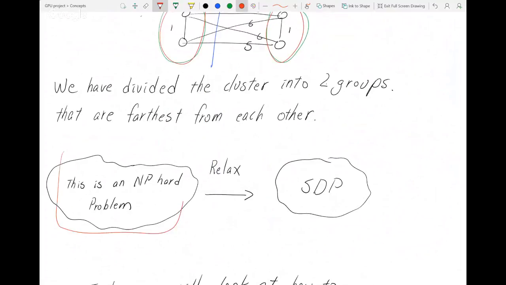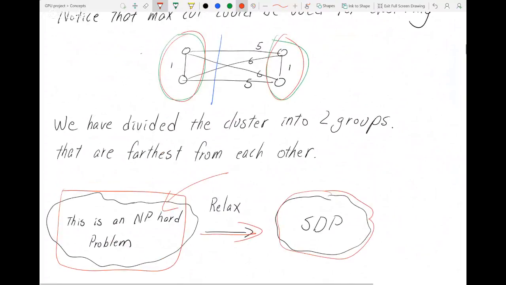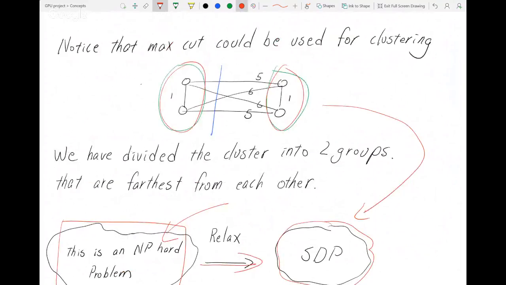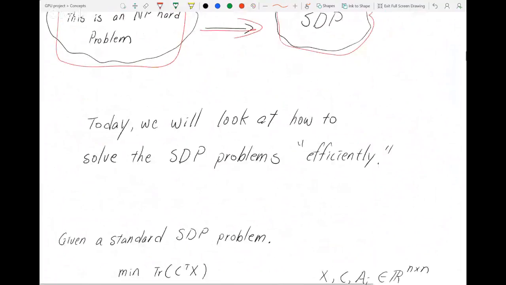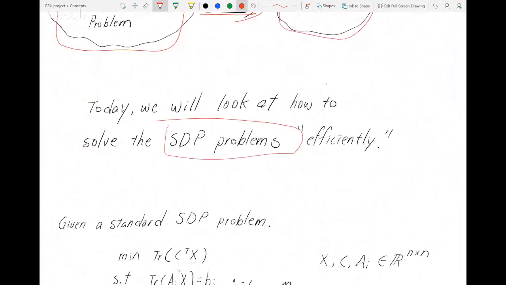This is normally an NP-hard problem, which we relax into some kind of SDP problem. So the ability to solve SDP is useful when you run into some of these NP-hard problems. If I have time, maybe later I can go into more detail of how a max cut problem and SDP are the same thing. But today we're just going to look at how to solve this problem efficiently.